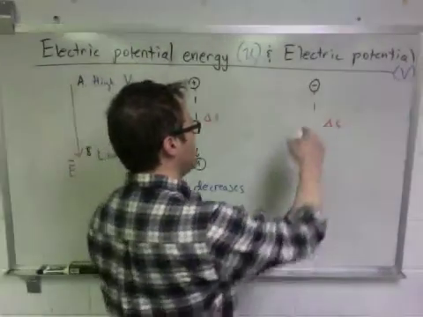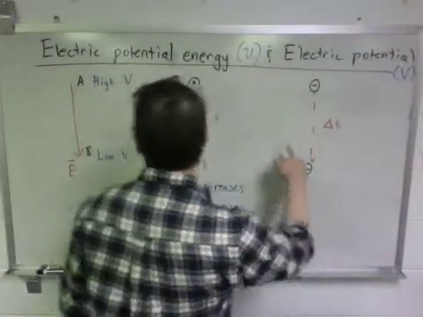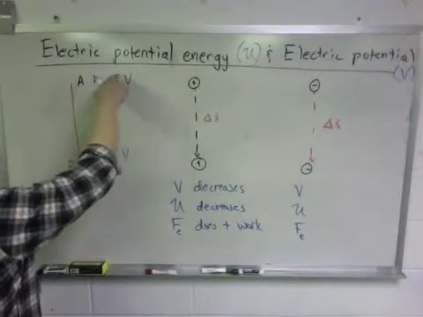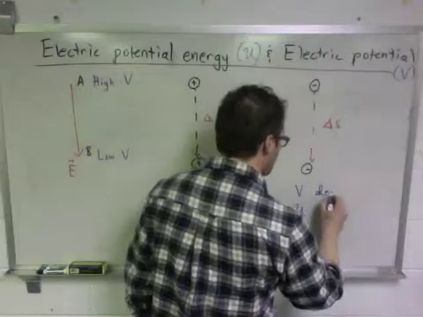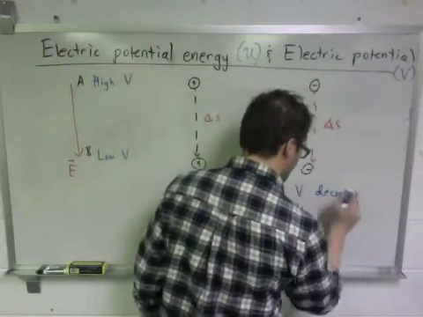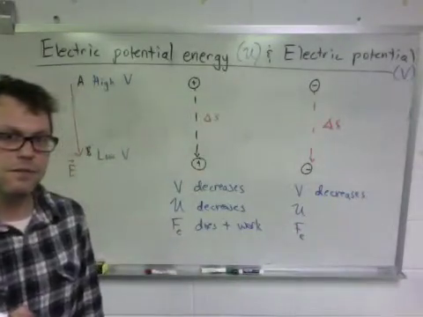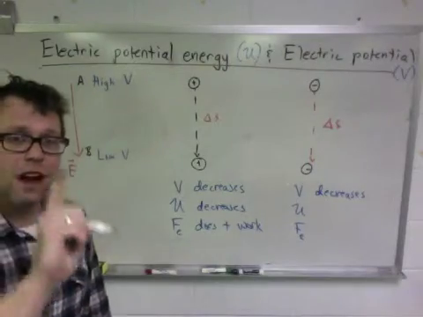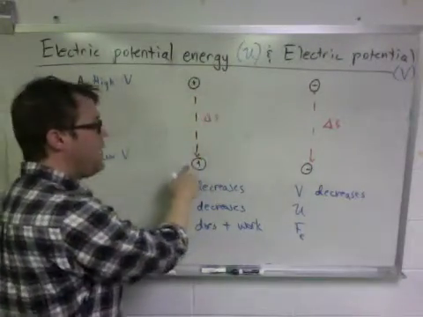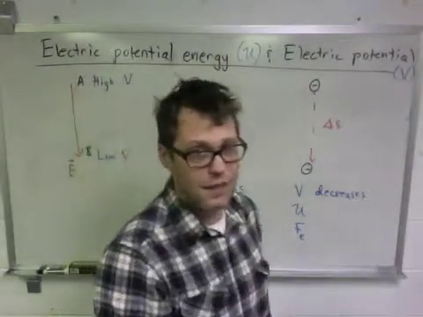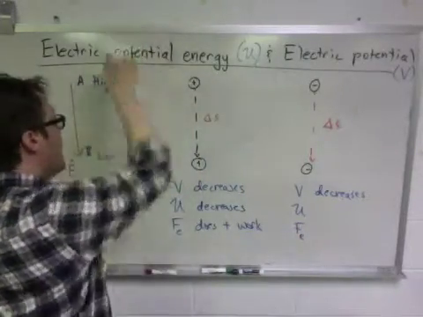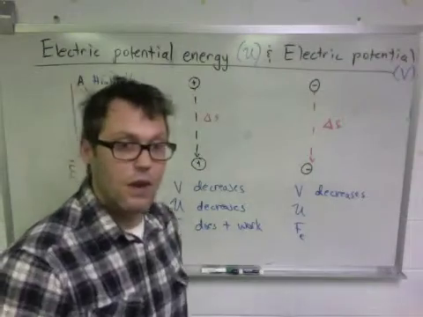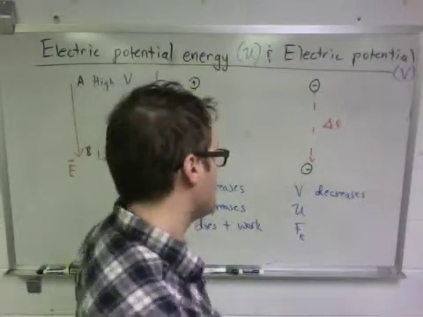In this case, V, remember, V is just a property of space. If we go from high to low, then V naturally decreases. Okay? It's independent of the charge. If I go from A to B, regardless of what the charge is, V is going to decrease because up top is high, down low is low potential.